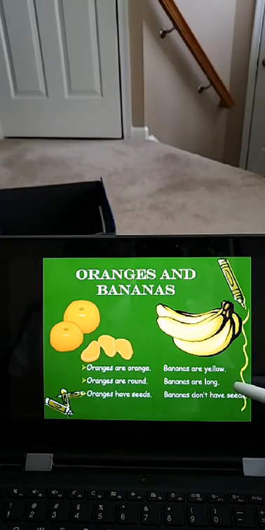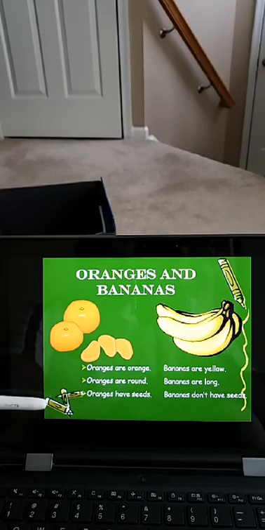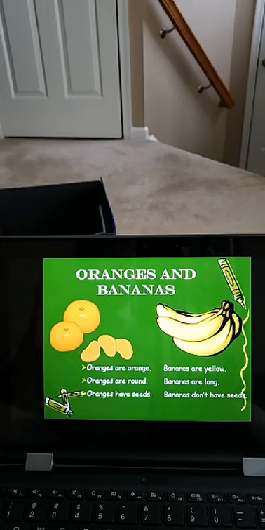Bananas are long. That's how they're different. Oranges have seeds. Bananas do not have seeds. That's how they're different, how they contrast, how they are not alike.